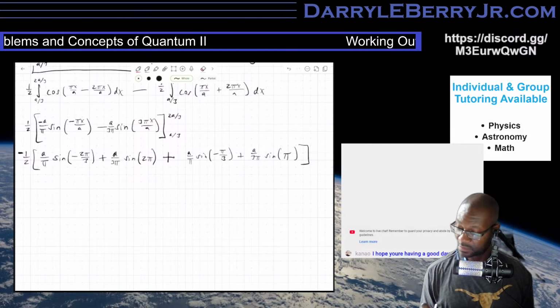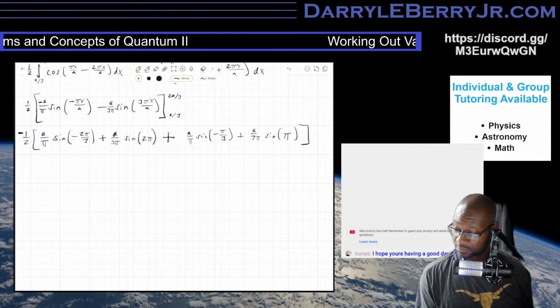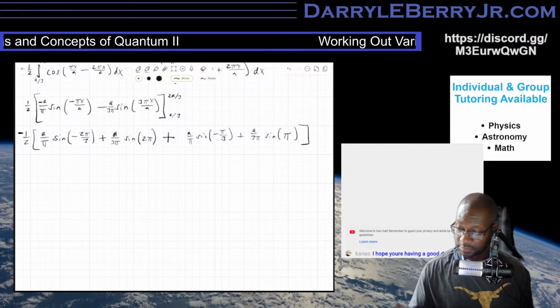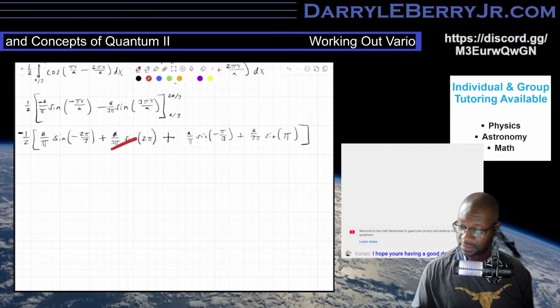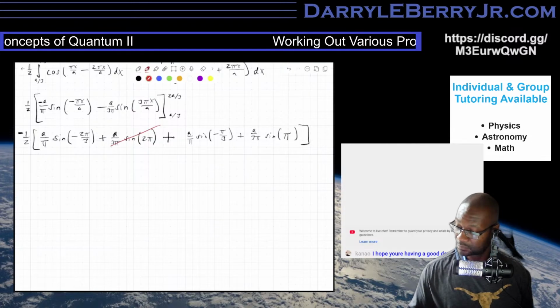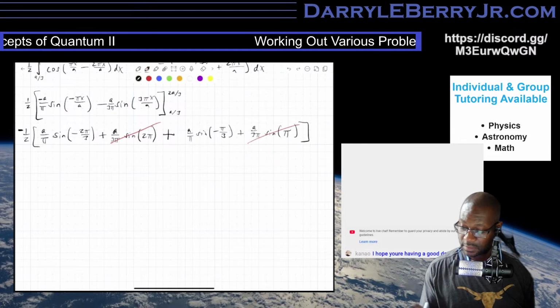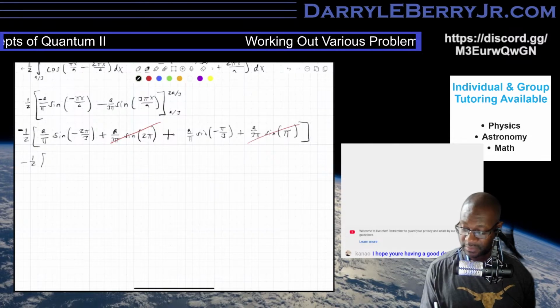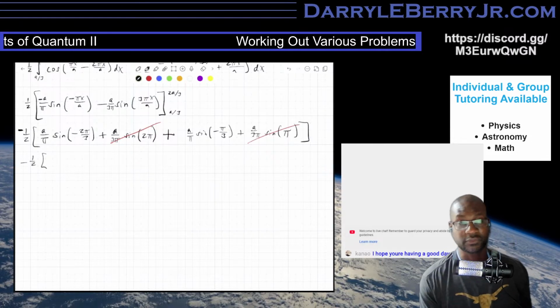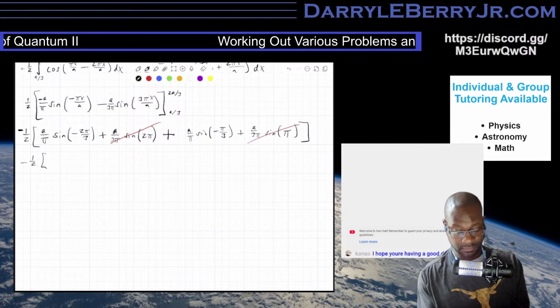I could actually delete this. So let's see what these values are. So we know that sine of any n pi is 0. And so now we have -1/2. So sine of 2 pi over 3, I'll just put this in the calculator.